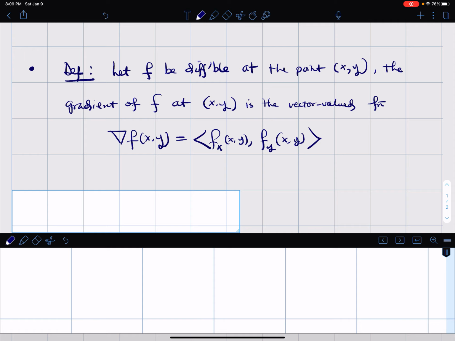Now, this is the theorem that is going to make it easier for us to compute the directional derivative.